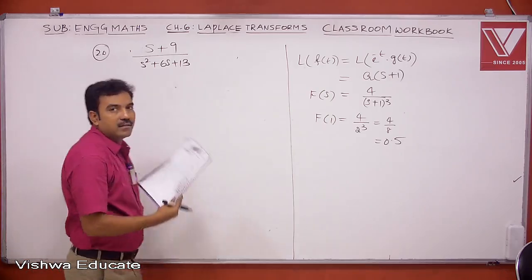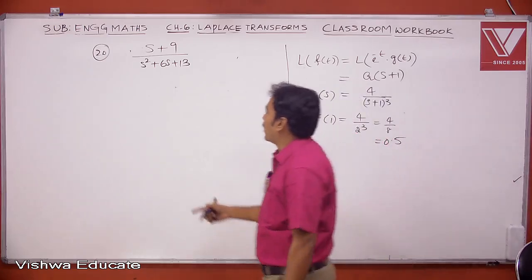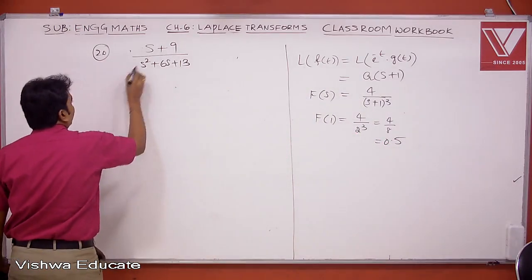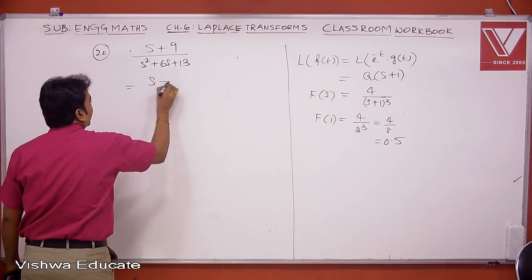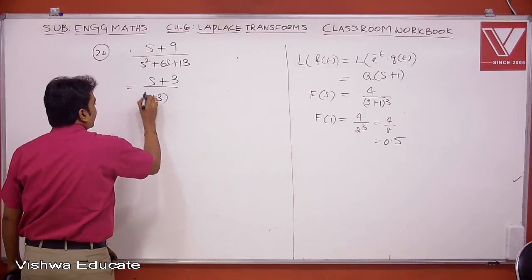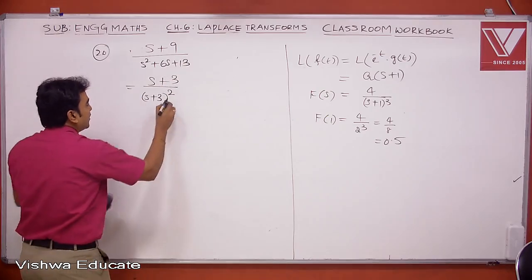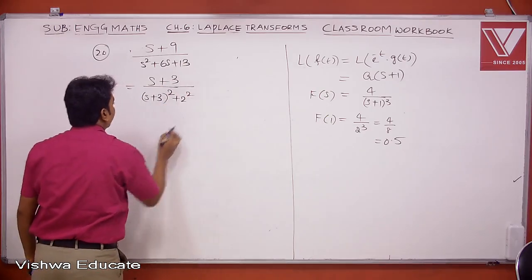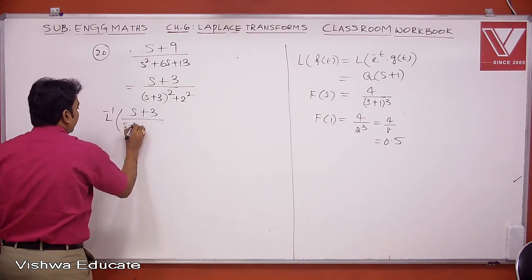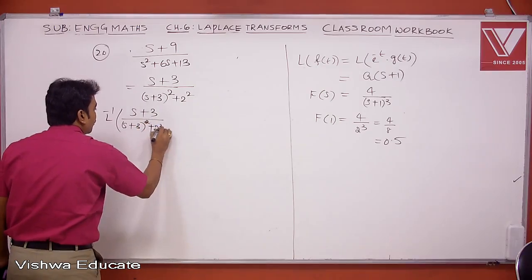This can be written with s plus 3 whole square, since s square plus 6s plus 9 leaves 4 over, so we can write it as plus 2 square. So the inverse Laplace of s plus 9 by s plus 3 whole square plus 2 square.